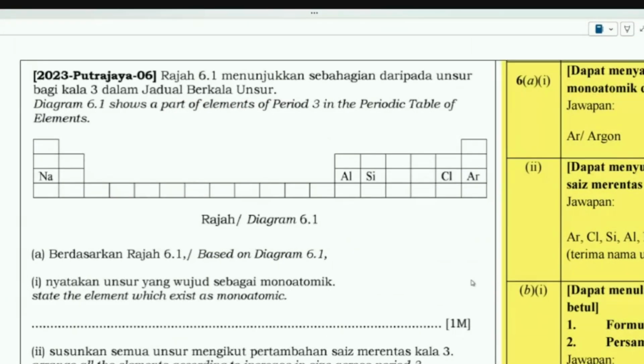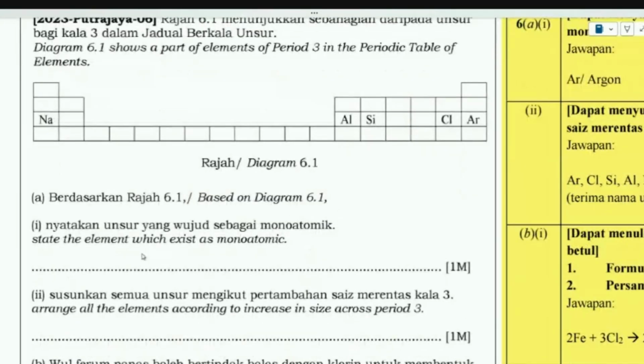Okay, now this one again is period 3, so we look at another question. Which one exists as monoatomic? I think you should be able to answer, class. What is the answer, class?